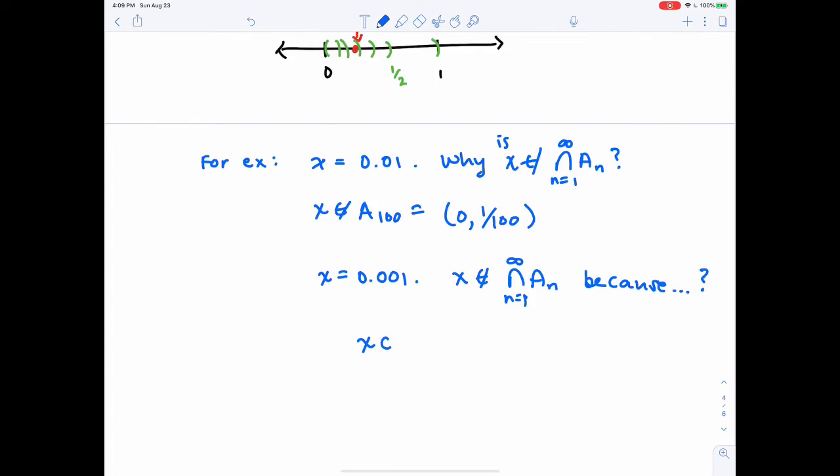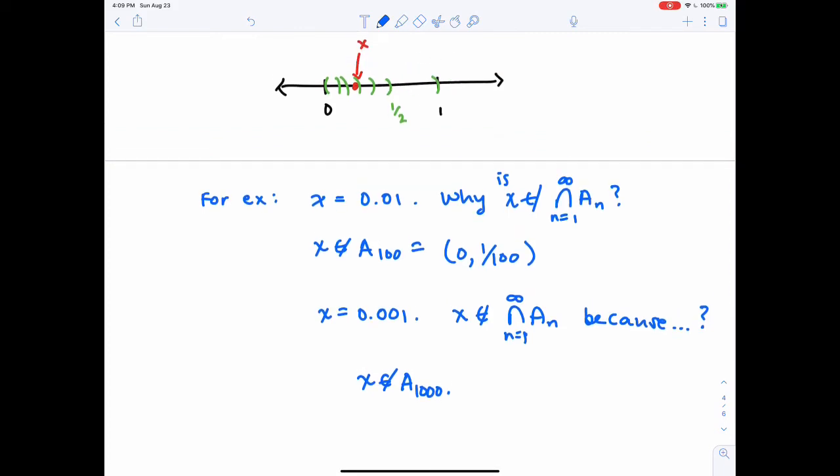Well, this x is not in A1000. So I want to argue in general why no matter what x value you give me that's between 0 and 1, I can always find a large enough value of n such that the set that corresponds to that value of n excludes x.